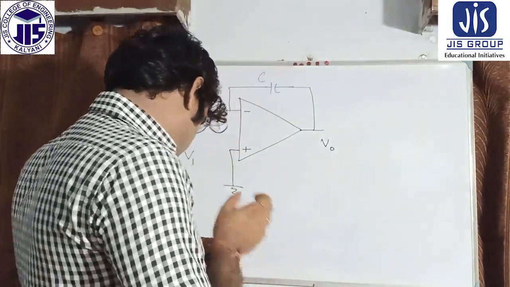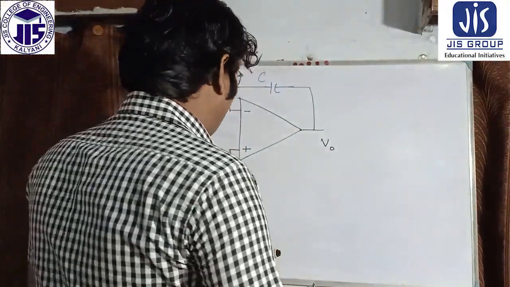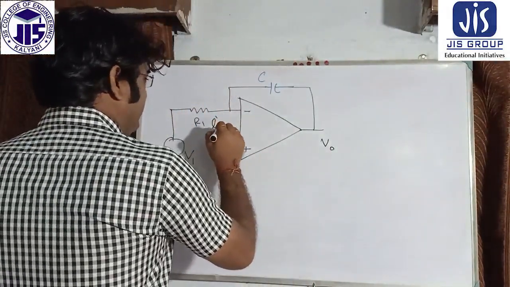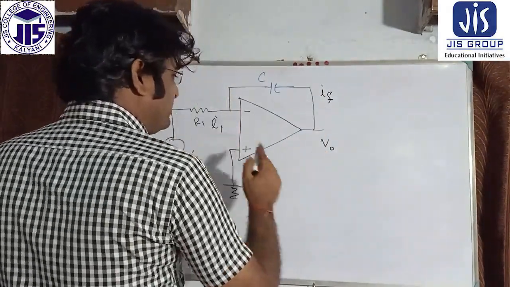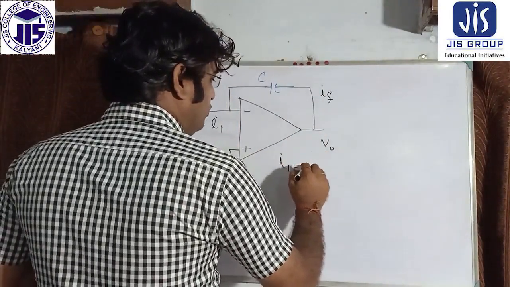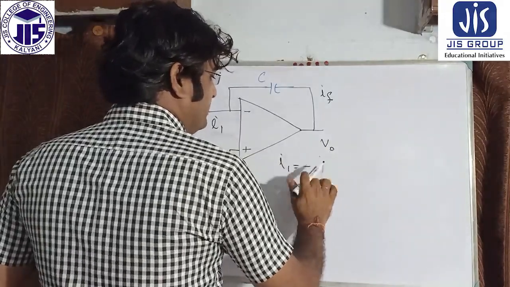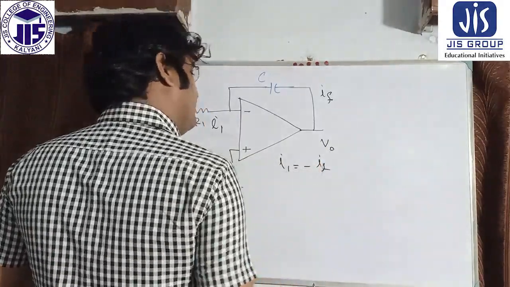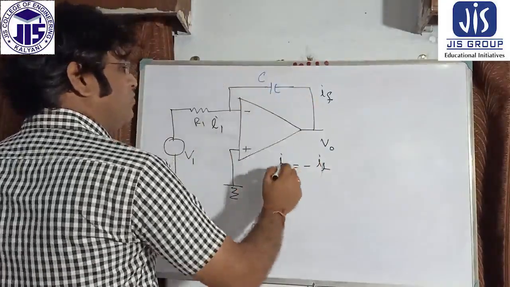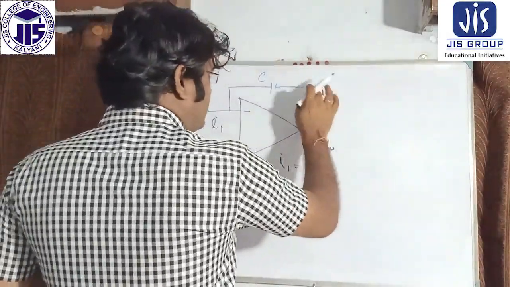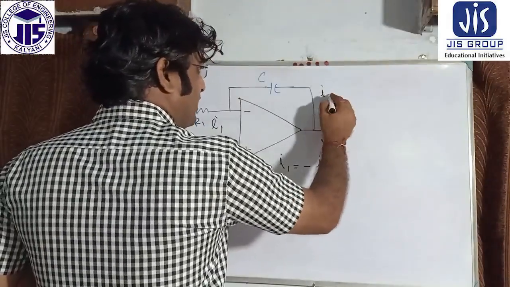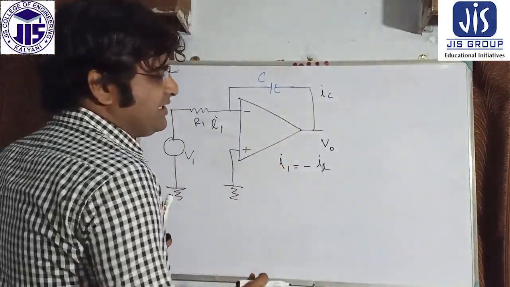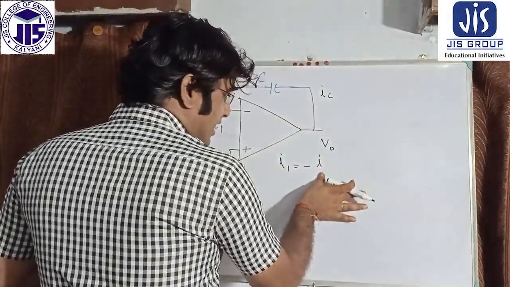We already know from the previous case the current here, that is I1, and the current here, that is IF. Suppose I1 equals minus IF. Here we can say it is IC, because the current is passing through this capacitance.